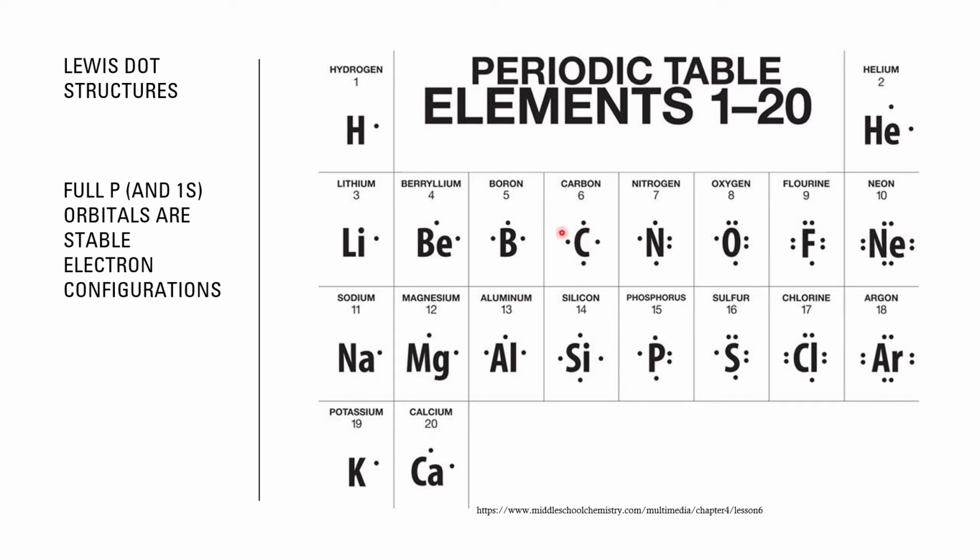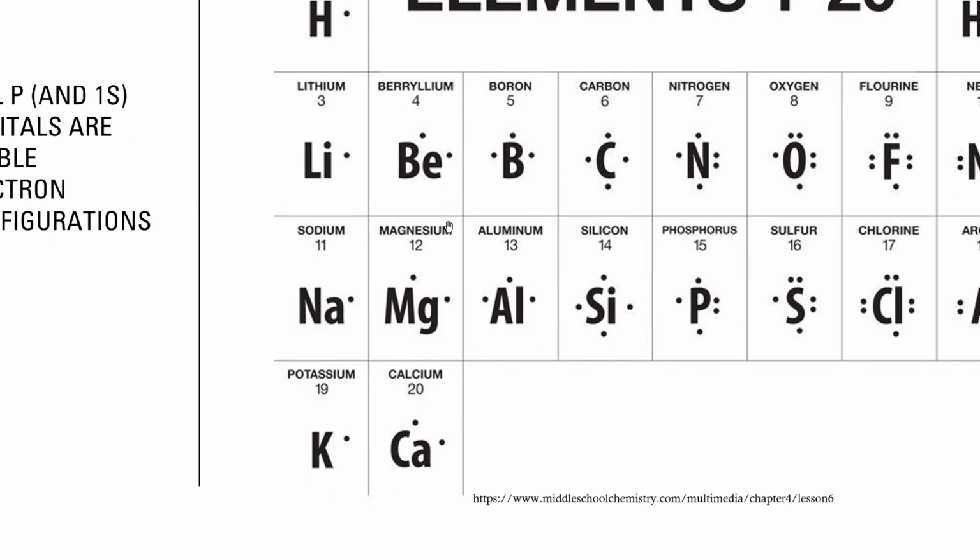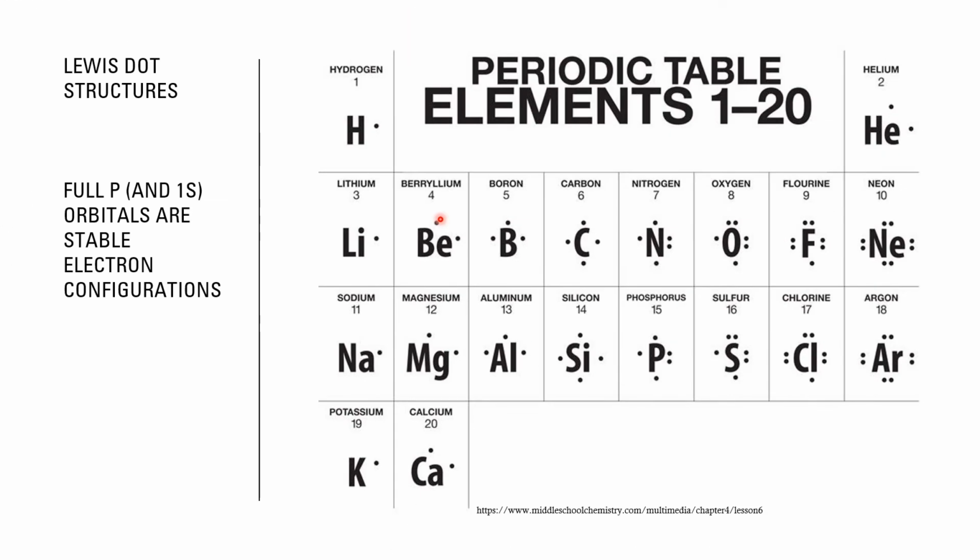Carbon has 4, which means that it needs 4 more electrons. Lithium, though, has only 1, and it's actually easier for lithium to give away its extra electron or form a bond with it rather than to gain 7 electrons. But that'll make a little bit more sense as we move forward. And you may see these Lewis dot structures showing a depiction of where the electrons are or how many there are as we move along.